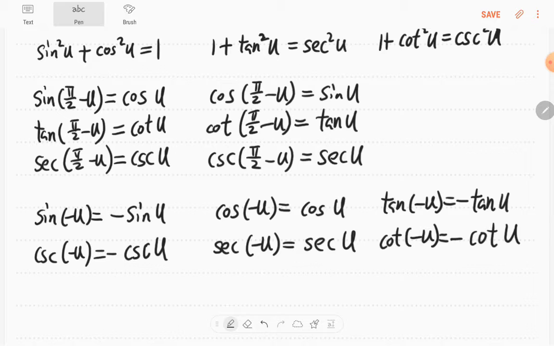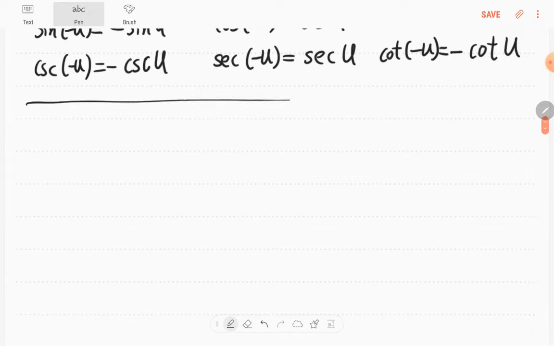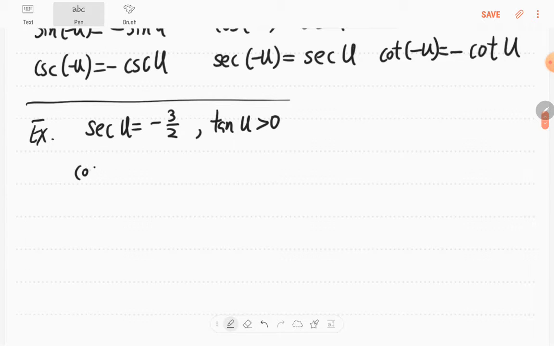Okay, so now we will use these identities to solve some problems. Example: we know the secant of u is equal to negative 3 over 2, and the tangent of u is greater than 0. We know that secant is 1 over cosine, so cosine u is equal to 1 over secant.